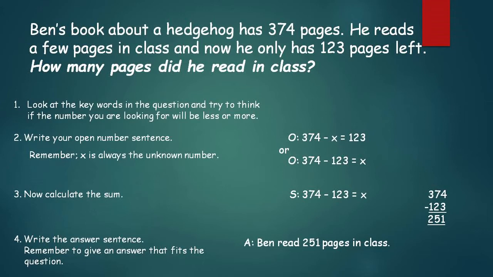So we need to say he, or you can say Ben, read 250 pages in class, because we need to make sure that this answer matches what they have asked us. So if you say he, it's not wrong, but it's just better to explain who, and that would be Ben read 251 pages in class.